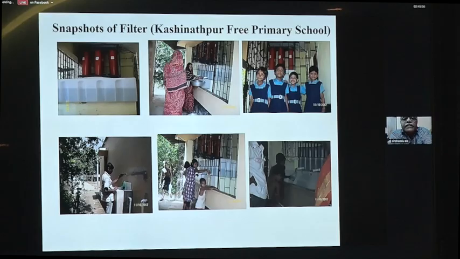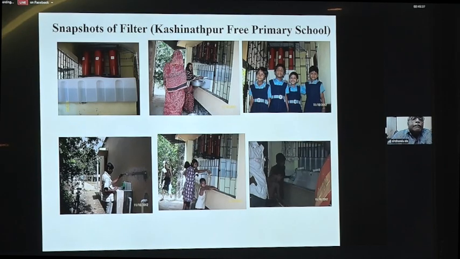So I will be showing some snapshots of the filter that we have put up in one of the affected areas, Kashinapur Free Primary School in Rajarhat. It is one of the villages where the concentration of arsenic in the groundwater is around 100 microgram per liter, 10 times the permissible limit.